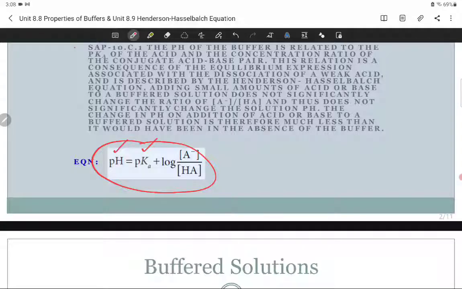Like, say we were trying to make a pH 9 buffer, and maybe we had a Ka value of 1 times 10 to the negative 9th. The pKa would be 9. So this is going to be a very nice buffer, and we'll talk about why. We could solve for this ratio. 9 minus 9 is 0.